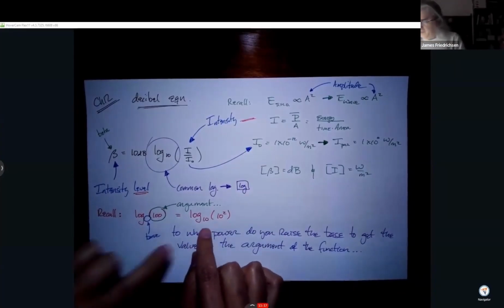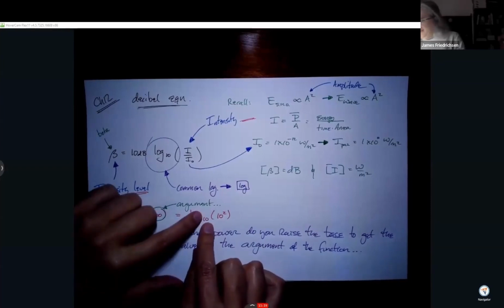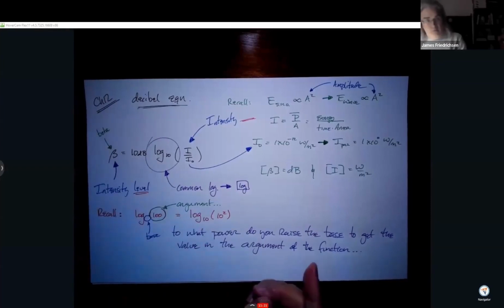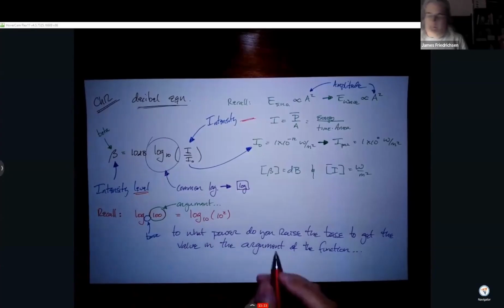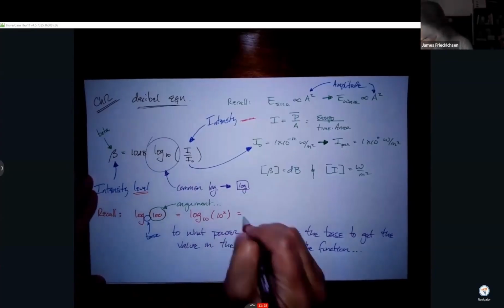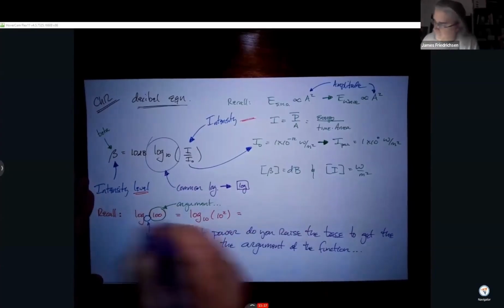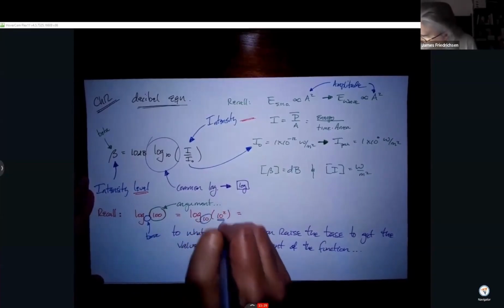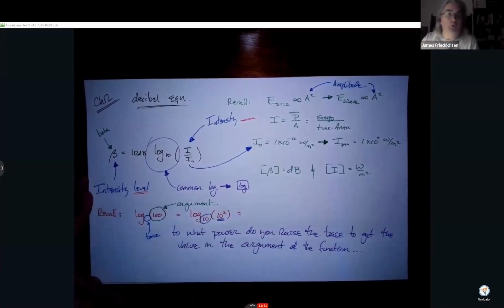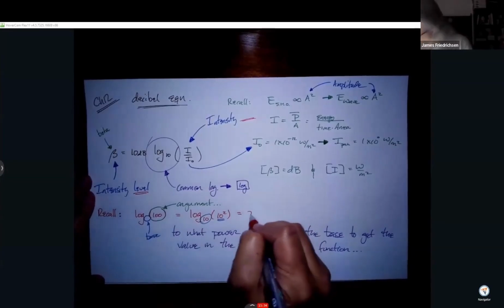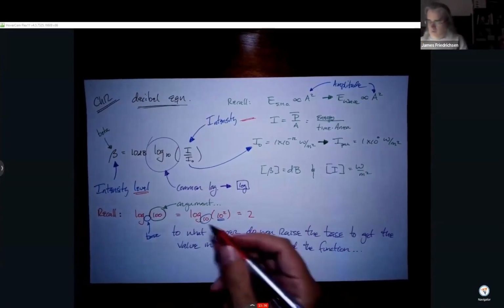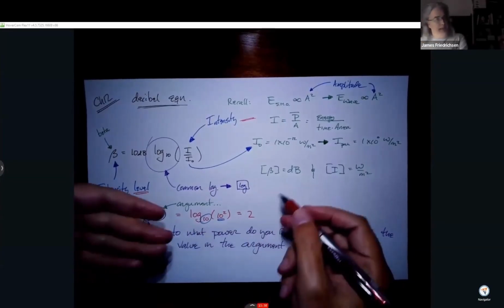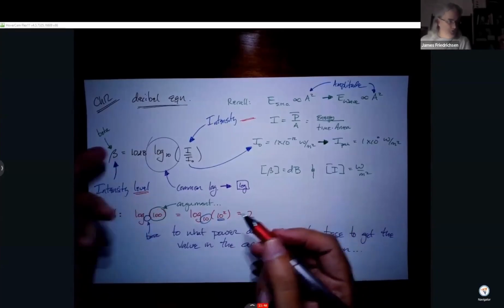Then you ask, to what power do you raise 10 in order to get 10 to the 2? And the answer is simply going to be what? Yeah, 2. So logarithms give you the powers, or the orders of magnitude.